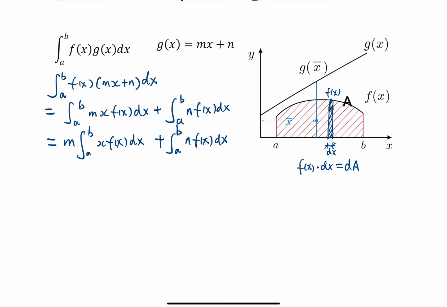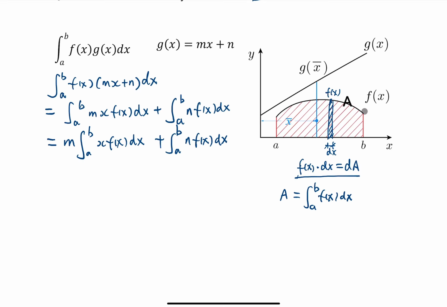So we can also say this is an infinitesimal strip. Once we got this, if we do an integration on the whole range from a to b, the area A is expressed by this integration. This area A is just the area under this curve f(x).